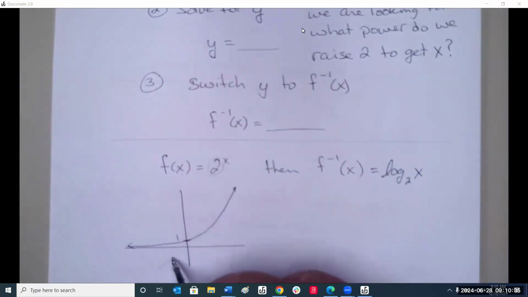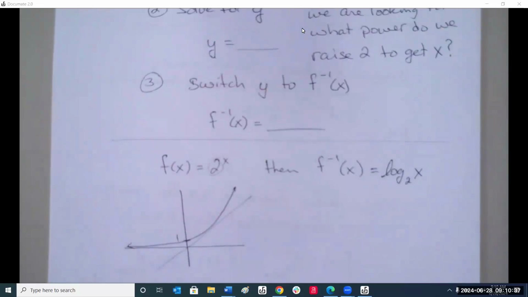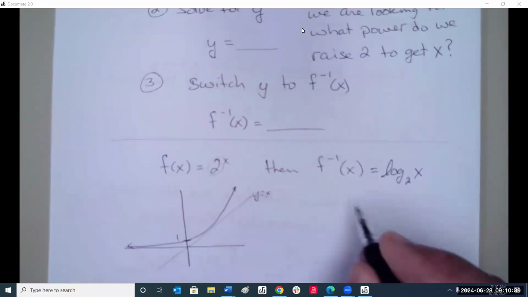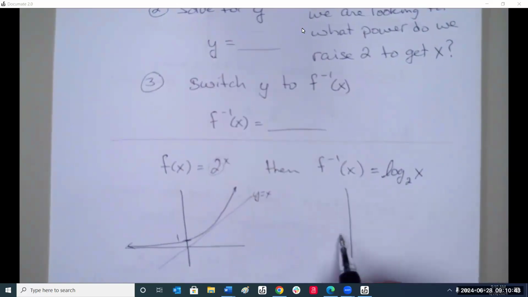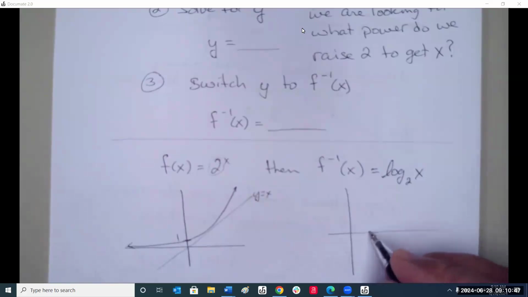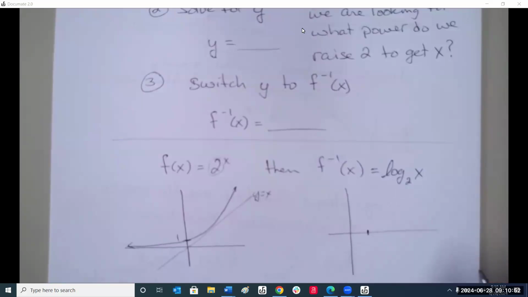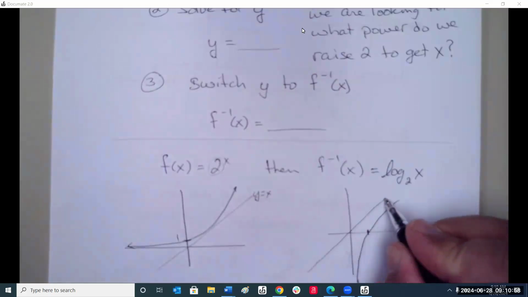And because it's got to be symmetric about the line y equals x, the logarithmic function, instead of crossing the y axis at 1, crosses the x axis at 1. And there's that line y equals x.